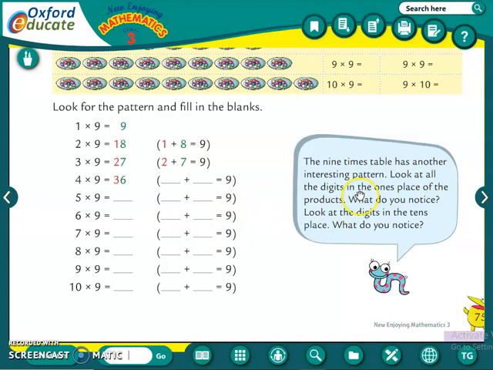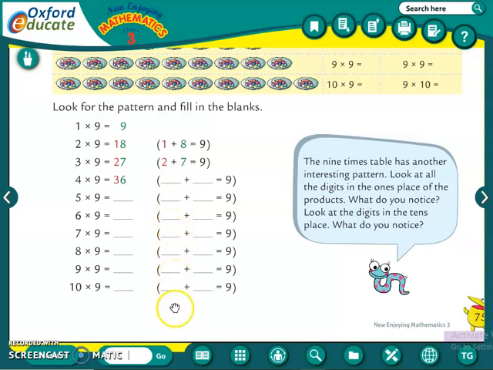Look at all the digits in one's place of the products. What do you notice? Look at the digit in the tens place. What do you notice? If you see the answers of these numbers, you will find that the numbers will come like this: 1, 2, 3, 4, 5, 6, 7, 8, 9.